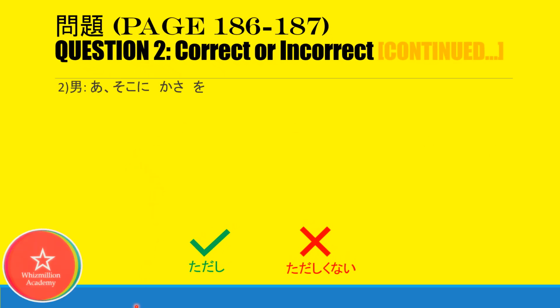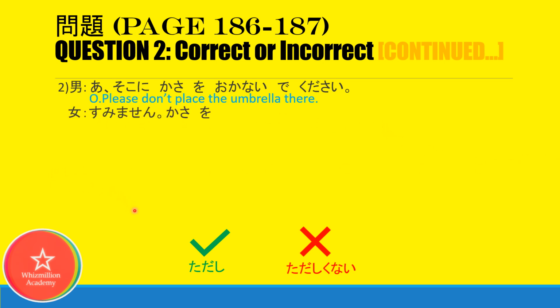Question number 2. 男の人。ああ、そこに傘を置かないでください。Oh, please don't place the umbrella there. 女の人。すみません。傘を置くところはどこですか?